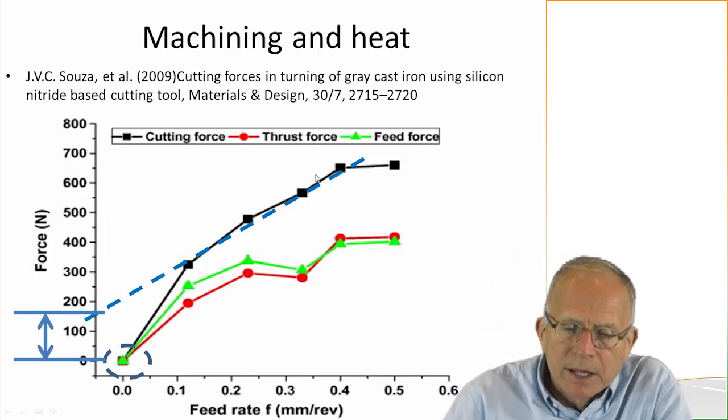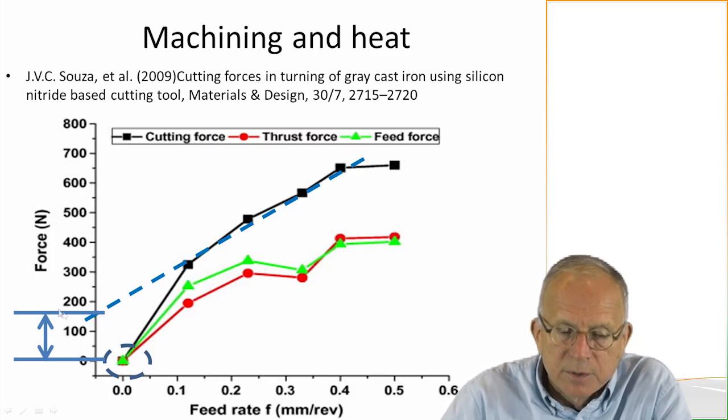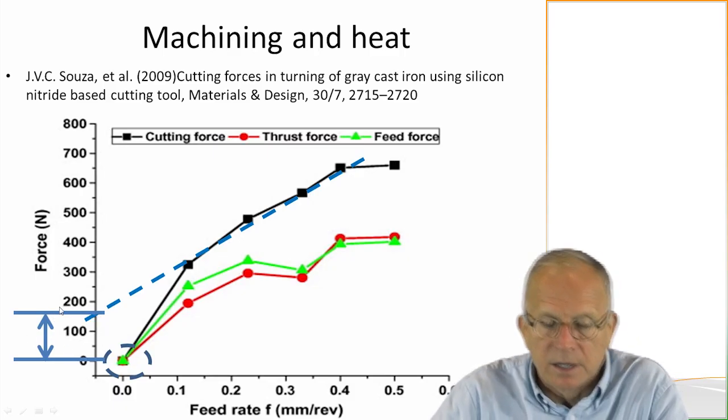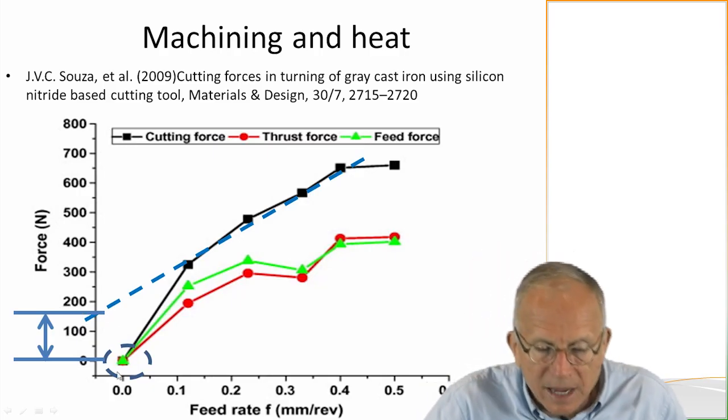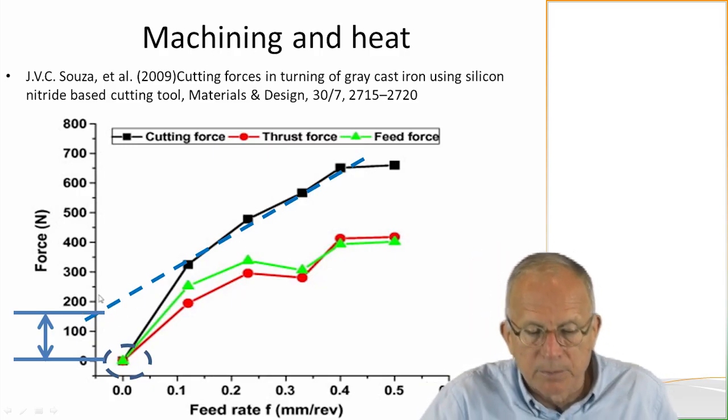If we extrapolate this, it comes back to a positive intercept on the force axis, and so we have this sort of positive force displacement, and actually the axis should be out here at 0, but you get the picture.